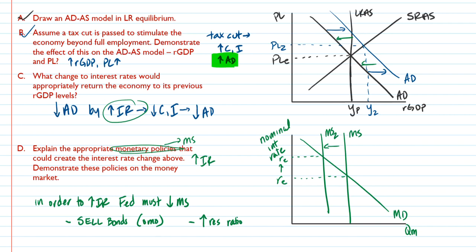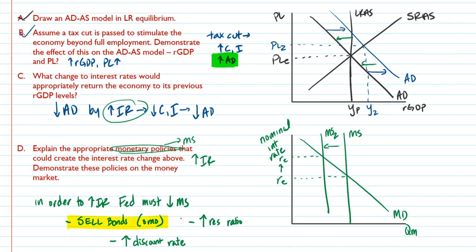That means banks can loan less, so the money supply comes down, or they could increase the discount rate. And the discount rate, again, is the rate that the Fed offers banks when banks need to borrow money from the Fed. By increasing the discount rate, the Fed is in fact kind of punishing these banks and encouraging them to hold more reserves and loan less.